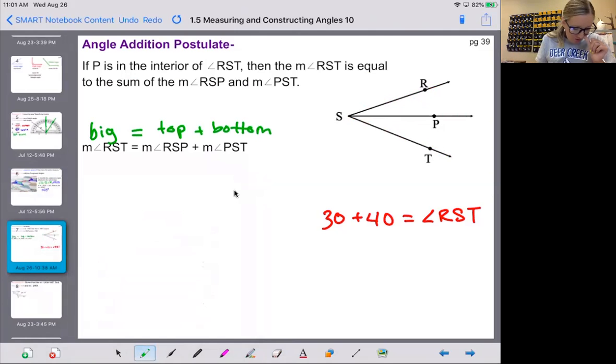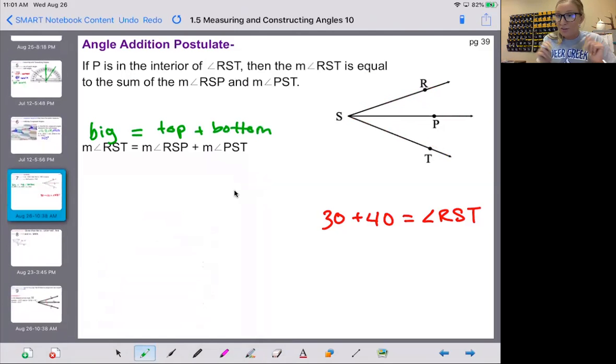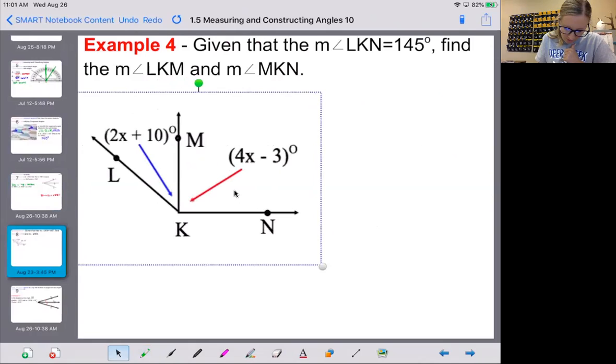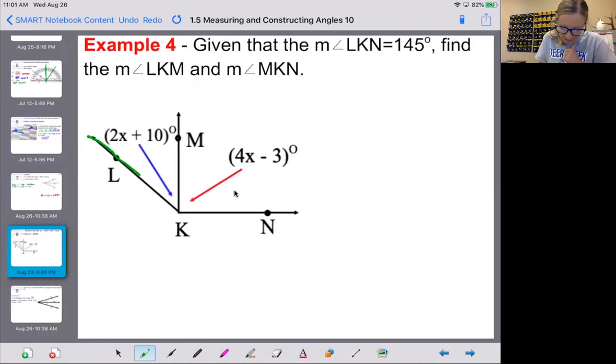Okay, perfect. So let's take this postulate that we just learned and apply it to an actual problem. Here's our problem. It says, given that the measure of angle LKN, here, let me make this a little bit bigger. The measure of angle LKN.